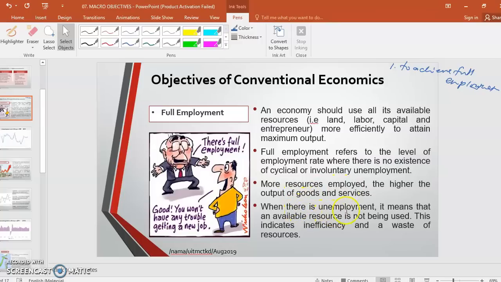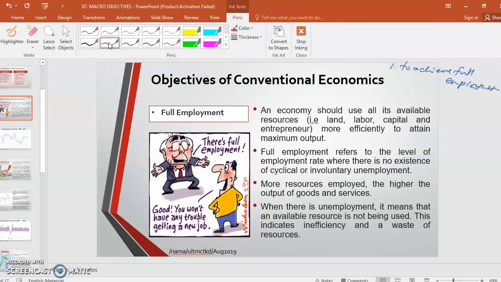When there is unemployment, it means that available resources are not being used. This indicates inefficiency and a waste of resources. So every country wants to achieve full employment when all the resources are fully utilized. What kind of resources?